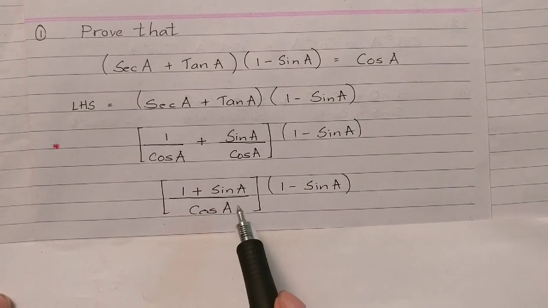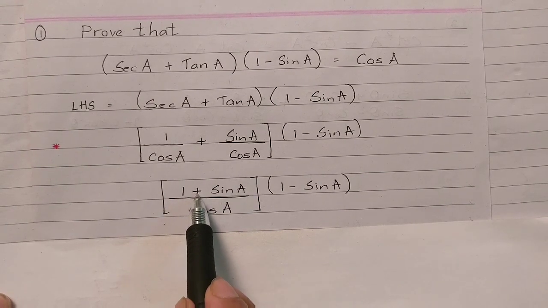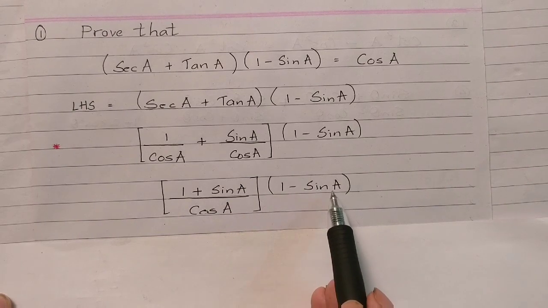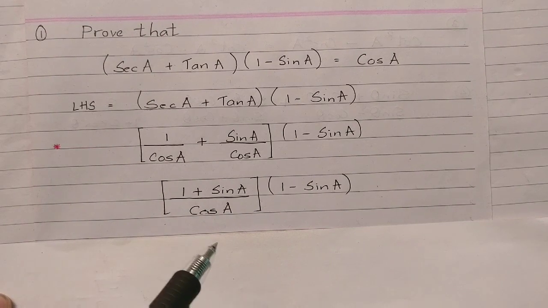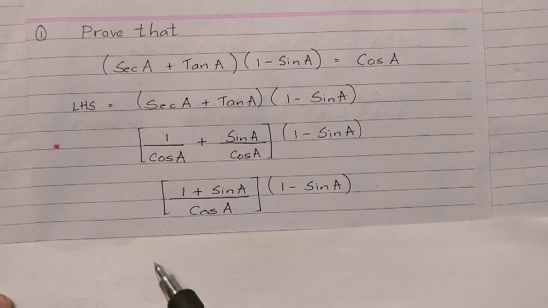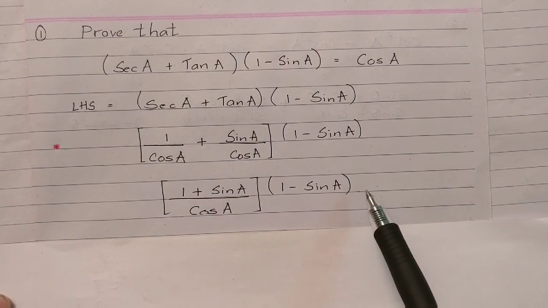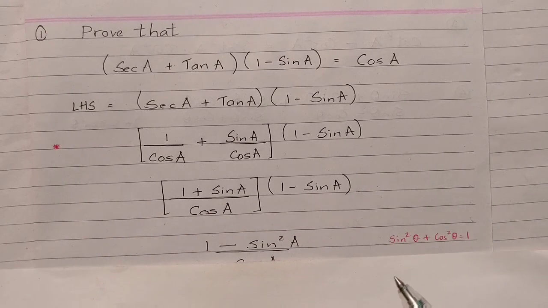Now I have 1 plus sine A and I have 1 minus sine A. This is something similar, right? This is related to your algebraic identities where it says (A plus B)(A minus B) equals A square minus B square.